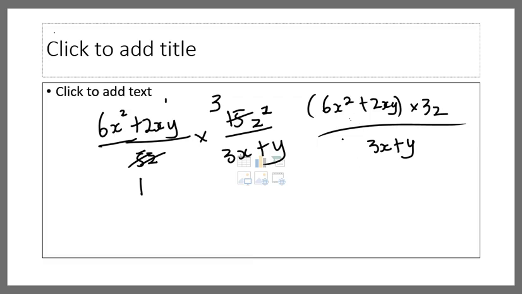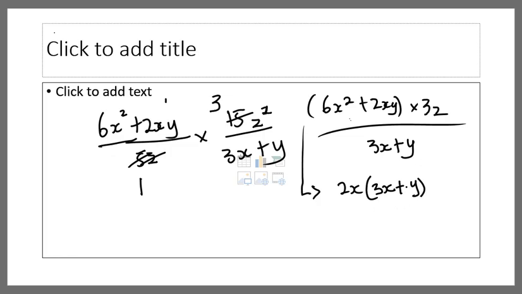So we can factor 2x out for the numerator. When we factor it, it will be 2x, then what are we going to get here? We are going to get 3x plus y.